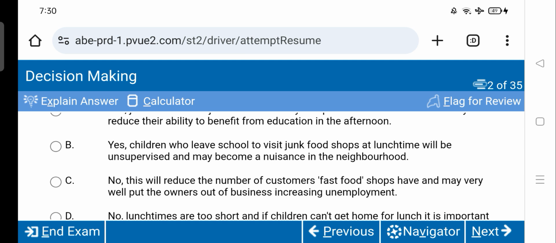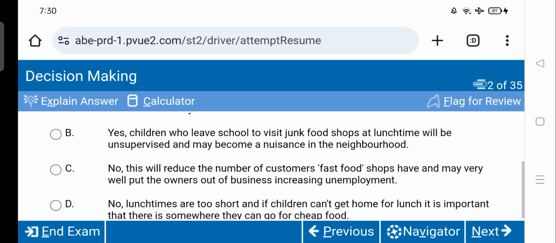Option B, yes, children who leave school to visit junk food shops at lunchtime will be unsupervised and become a nuisance in the neighborhood.